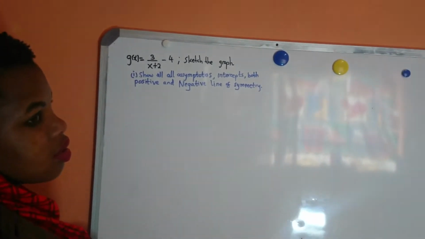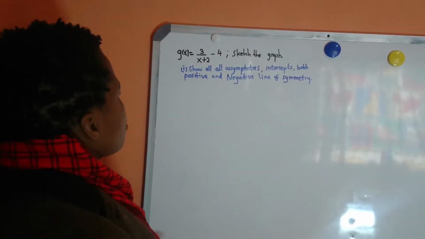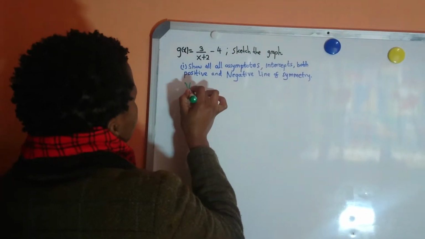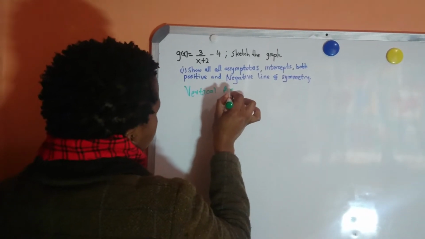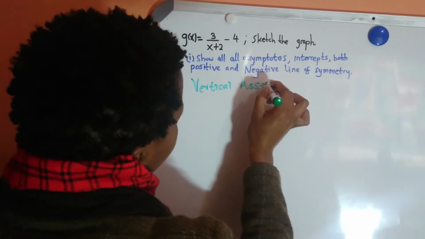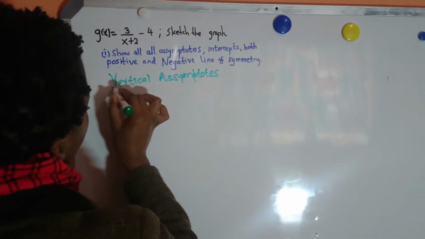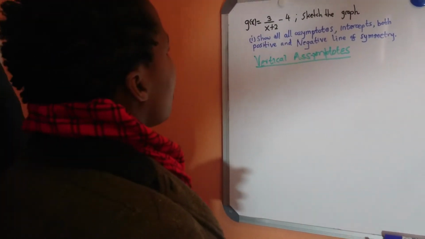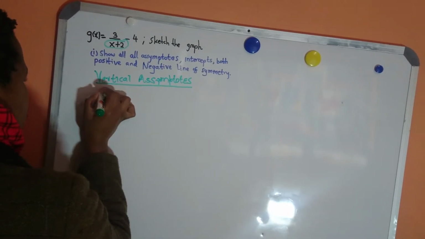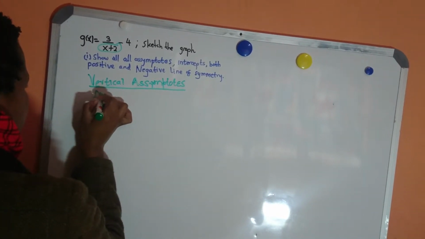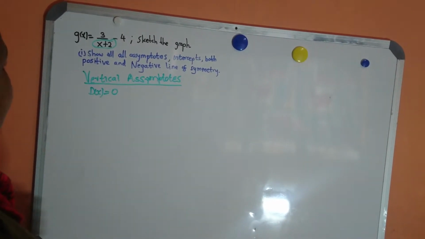Babalo is going to explain how we solve. Start with the vertical asymptote. What is that dx?